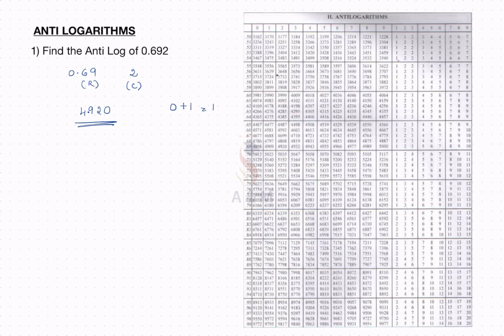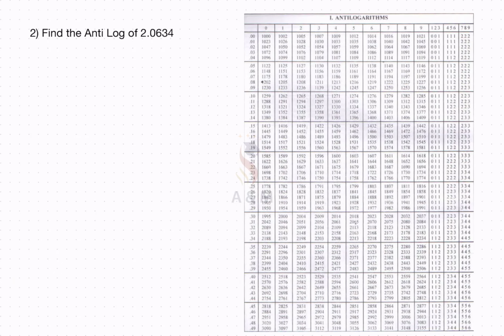Let's move on to the second question. Antilog of 2.0634. Okay, here what you have to do is you have to consider 0.06. Okay, don't consider this 2. Take 0.06. Where is 0. See, I told it starts from 0.00.